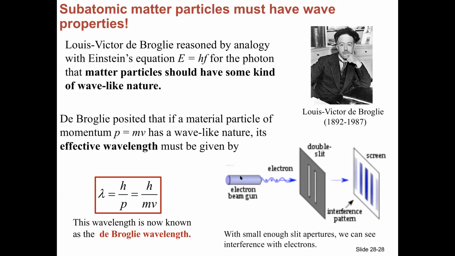And as a picture of what is happening here, if you have a source of electrons out in free space that you could fire at a double slit, even though they are particles, the electrons that go through these slits will somehow diffract and interfere with each other, which affects the statistics and the probability of where they hit the screen, giving you an effective diffraction pattern.